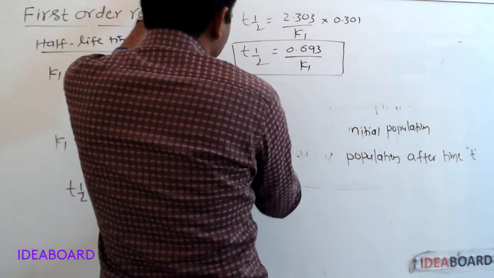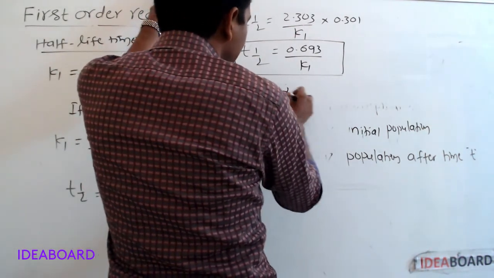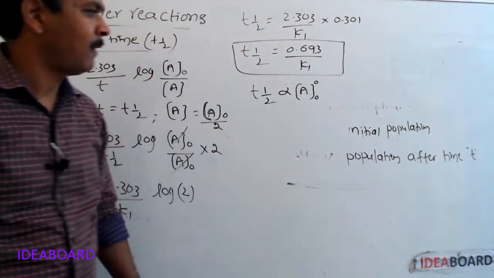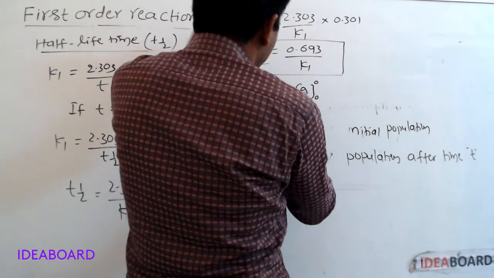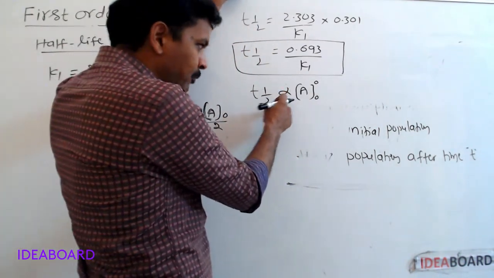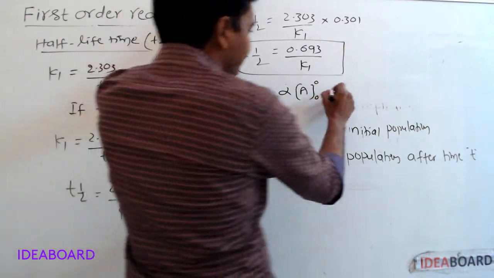So from this equation we can say that half-life time is independent of initial concentration, which is nothing but A naught power 0. T half is directly proportional to A naught power 0.